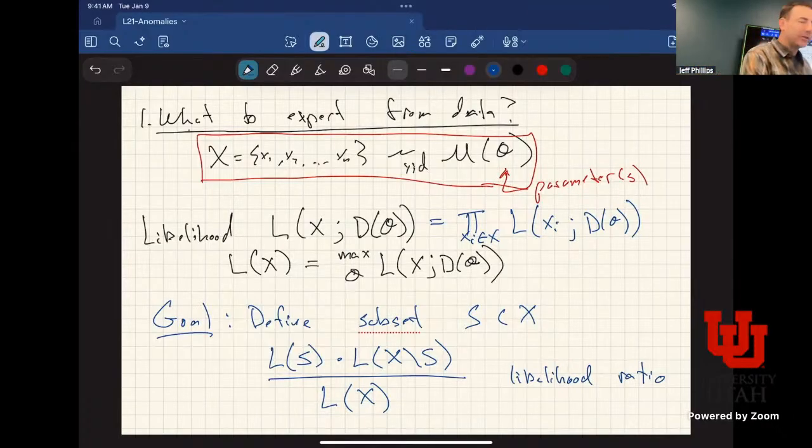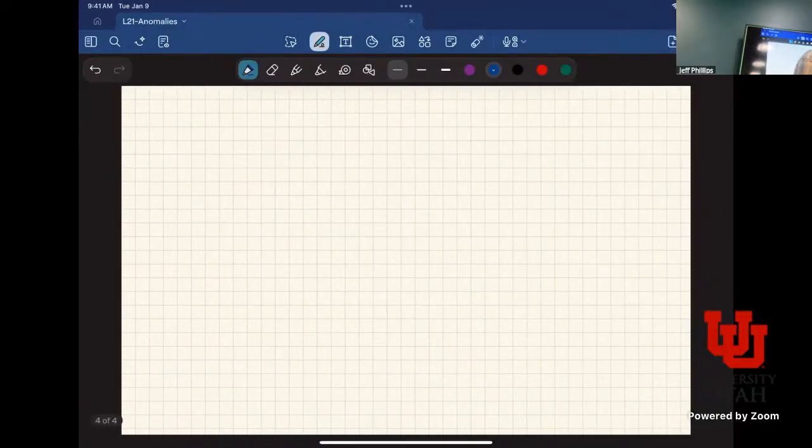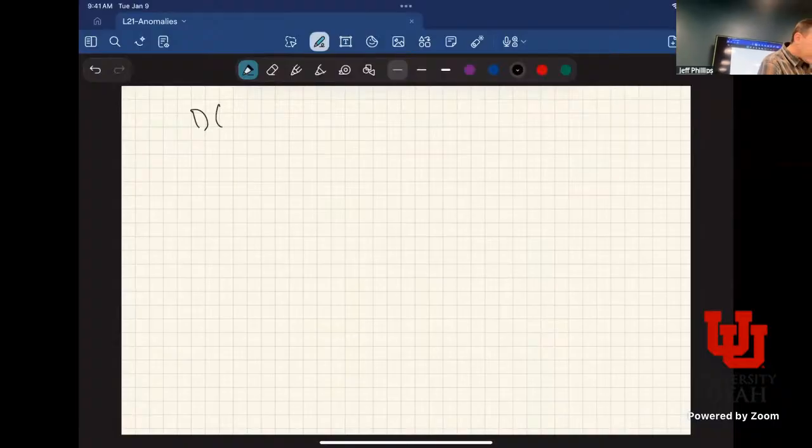All right, so let's go through a concrete example here. Let's assume that my model is going to be a normal noise with some parameter p and some standard deviation.